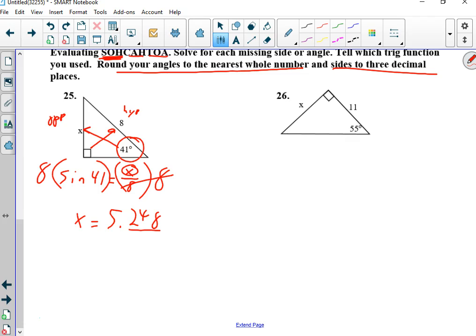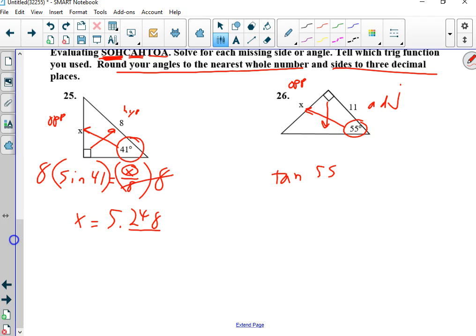Okay, number 26. Here's Grover. The way over there is my opposite. Right here is my adjacent. I'm not using my hypotenuse. If I'm not using the hypotenuse, I can't be doing sine or cosine because they both have an h in them. So this must be tangent.